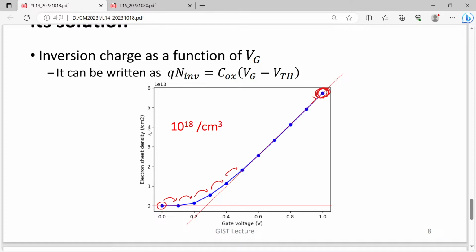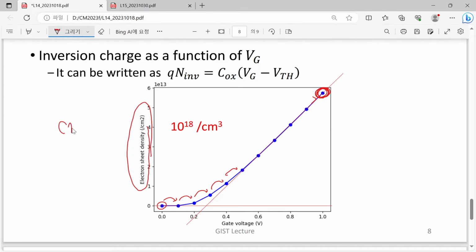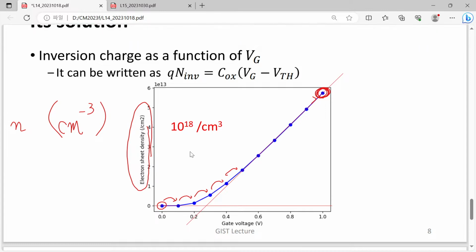Once we get the solution, here you can see the electron sheet density. Electron density has the unit of per cubic centimeter. However, what is this sheet density, or areal density? It is the electron density integrated over your silicon layer.